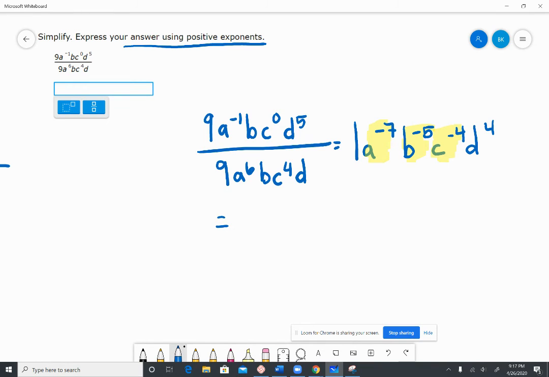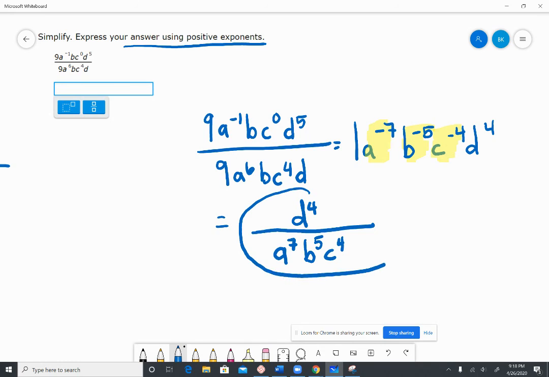Let me get my pen back. All right, and we don't have to rewrite that 1 because it's just implied that it's there. So D is the only one that got to stay because it was already positive. And we sent A, B, and C downstairs so they can have a positive awakening, however you're going to remember it.